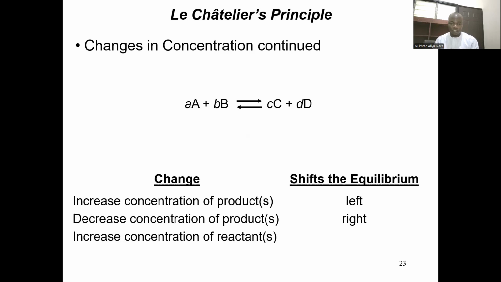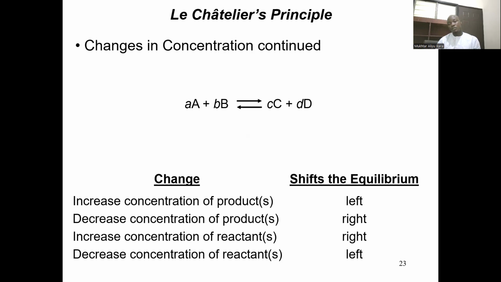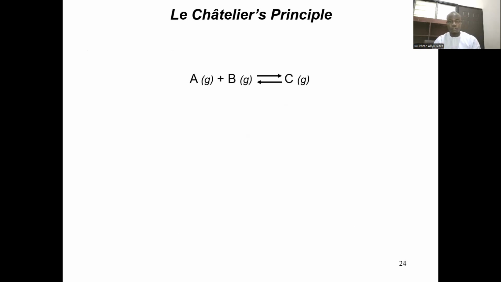What if you increase the concentration of the reactant? Then the reaction will proceed to the right to produce more of the product. And if you decrease the concentration of the reactant, the reaction will move to the left, toward reactant formation, for the equilibrium concentrations to be achieved.